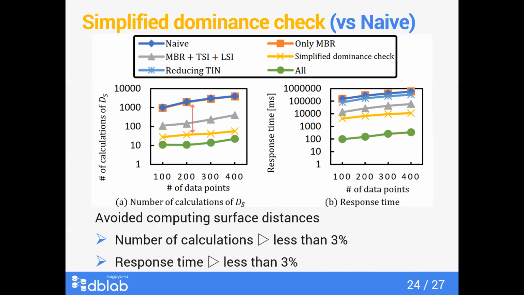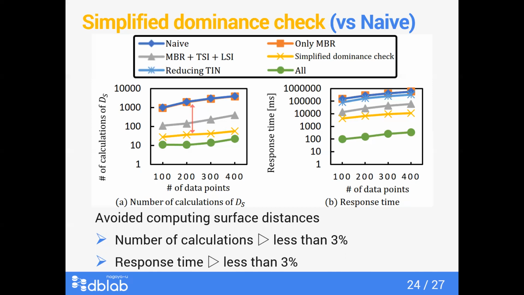Next, let's look at the effect of simplified dominance check, where we use Euclidean distance and network distance to avoid computing high-cost surface distance. It's shown in yellow.